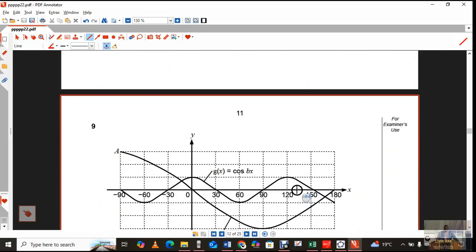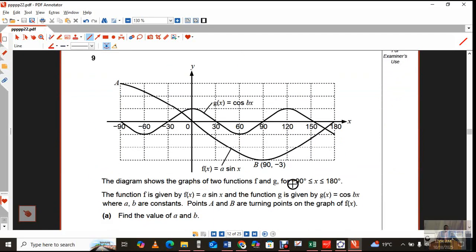Let's go to part 9 or question 9. So you have got two functions, g of x, which is equal to cos of bx, b telling you the period, okay? And then you have another function, f of x, which is a sine x.